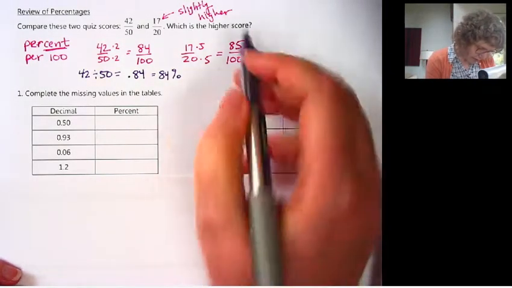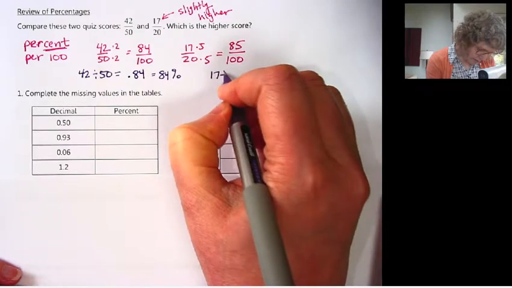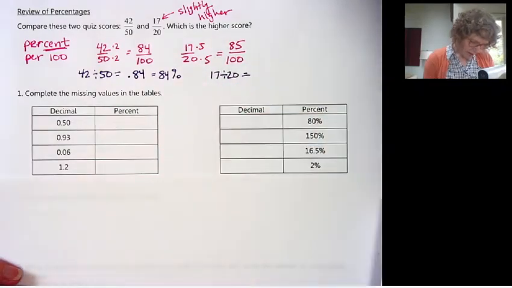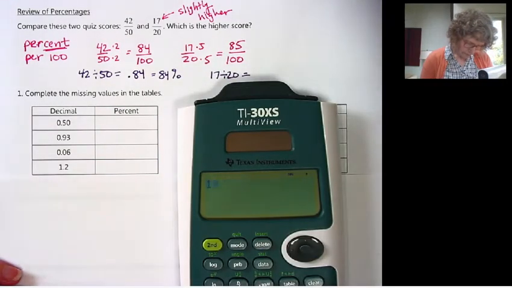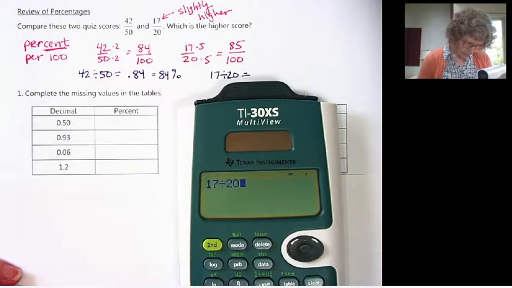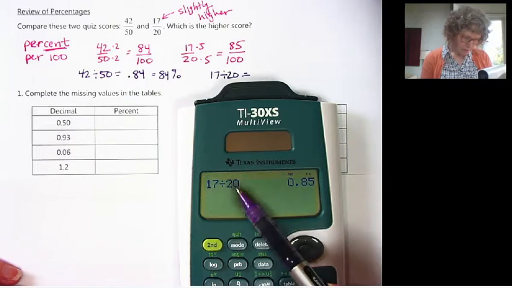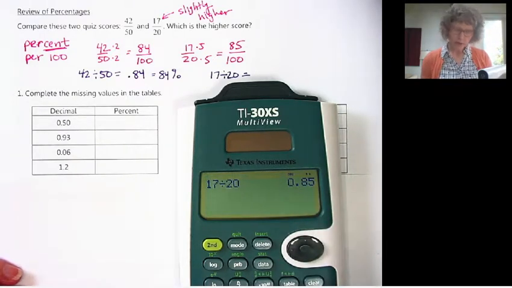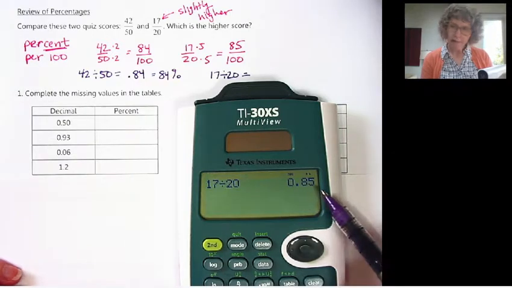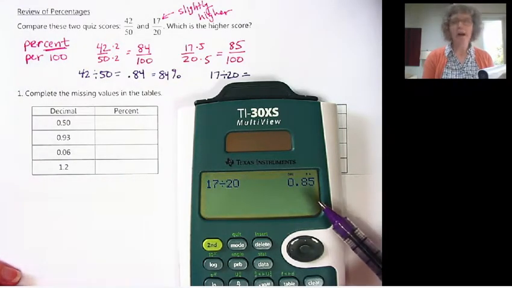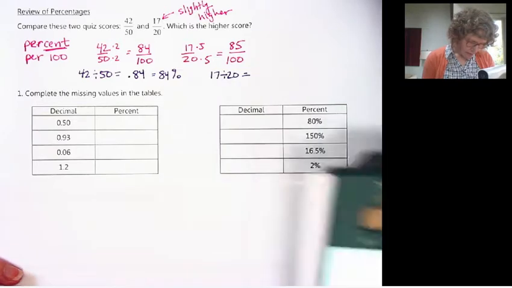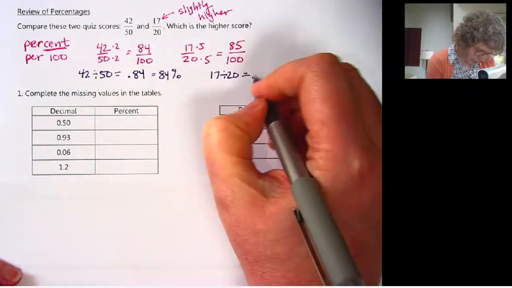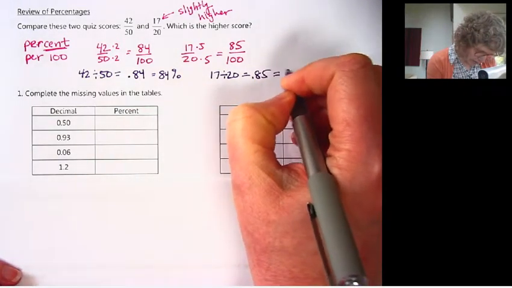Let's take 17 out of 20. 17 divided by 20 on the calculator, and that is 0.85. So the part out of the whole gives us 0.85 out of 1, or 85 out of 100. So this is 0.85, which equals 85%.